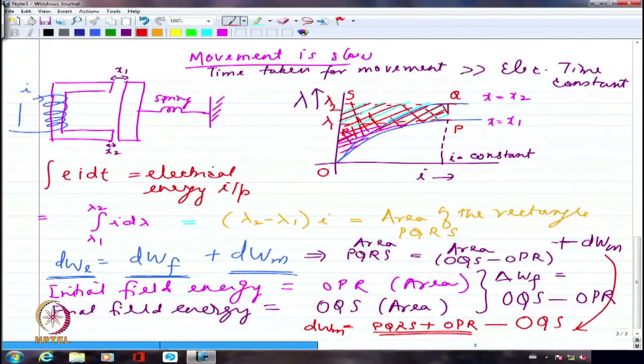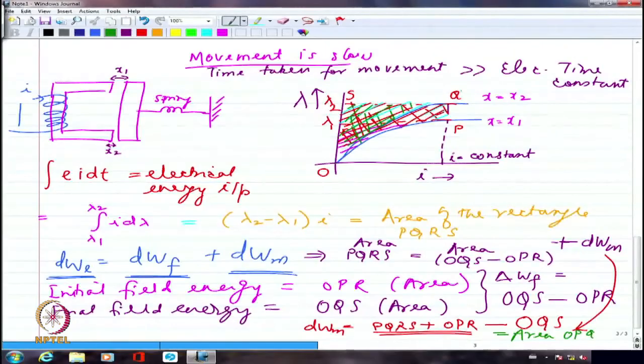I have made the figure a bit shabby, but anyway, basically this area I have to subtract until this portion, which means I am going to get only area OPQ. So this is area OPQ.